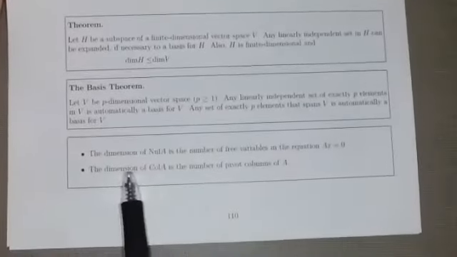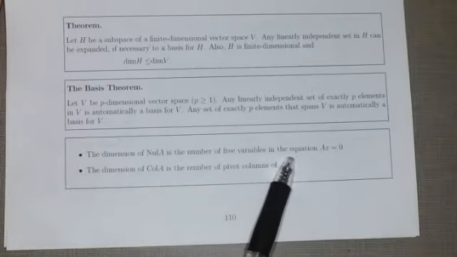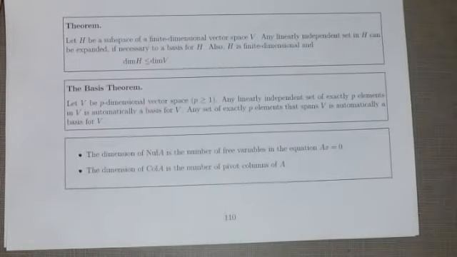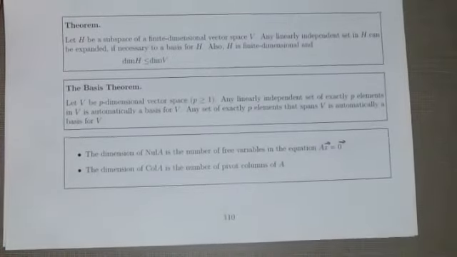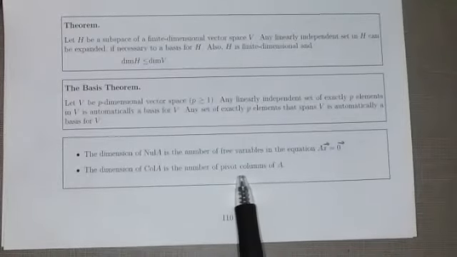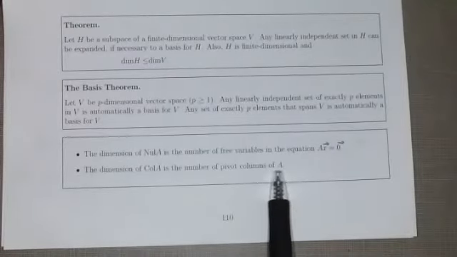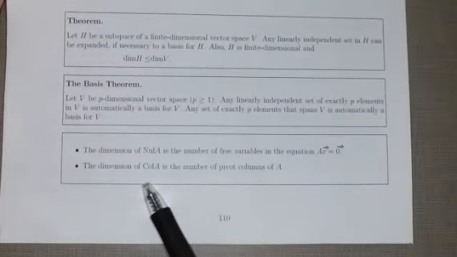The dimension of the null space is the number of free variables in the equation Ax equals 0. Of course, we've already talked about this before. And the dimension of the column space is the number of pivot columns of A. That's how the column space is found, right?